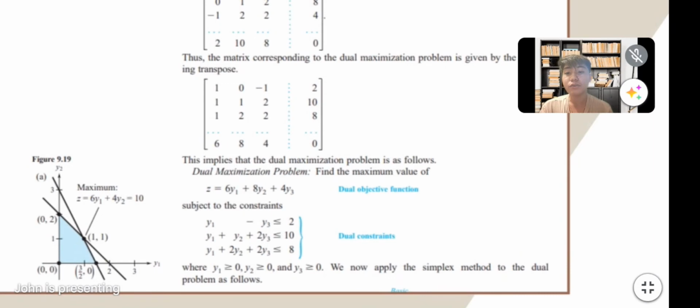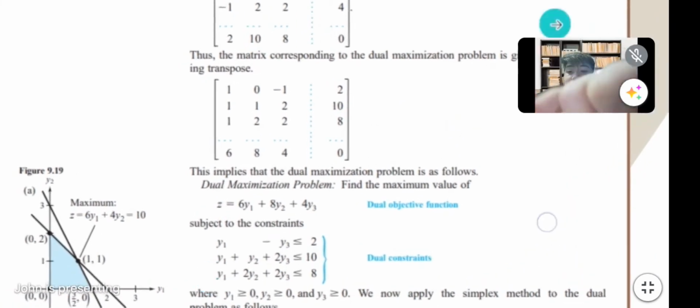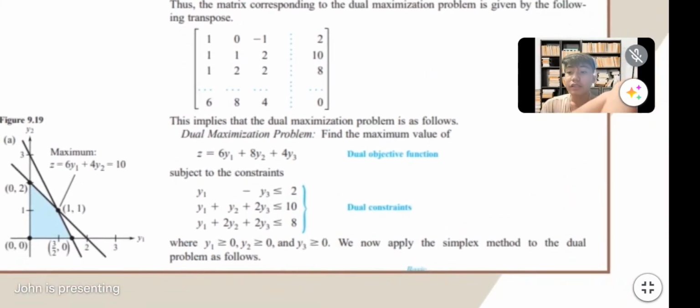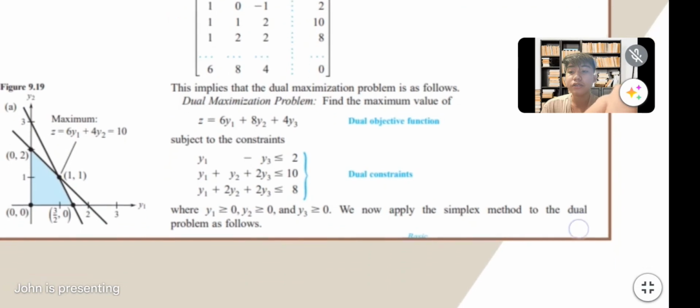So this is the dual function, subject to the dual constraints: y sub 1 minus y sub 3 is less than 2, and so on.